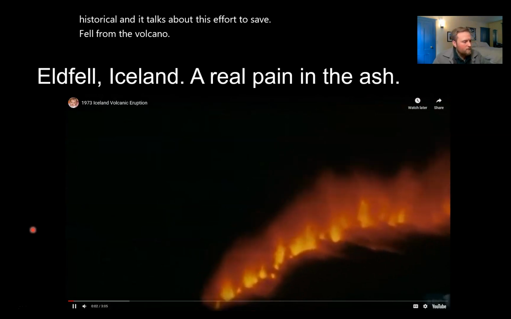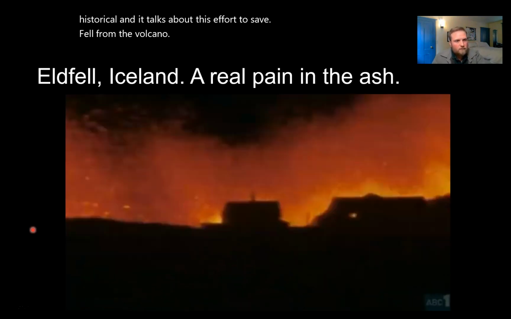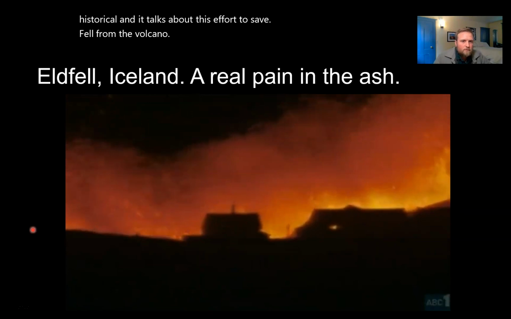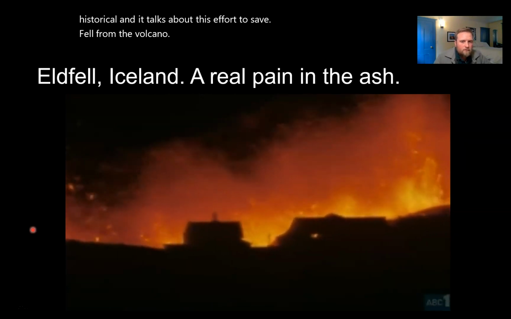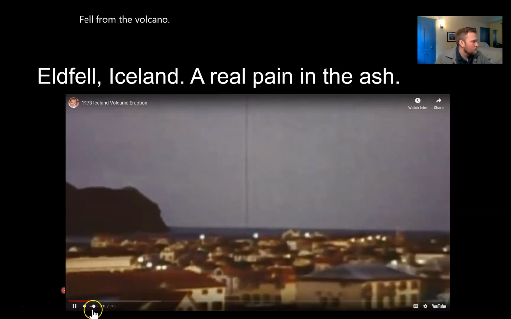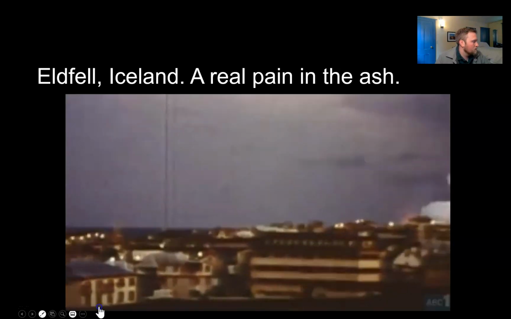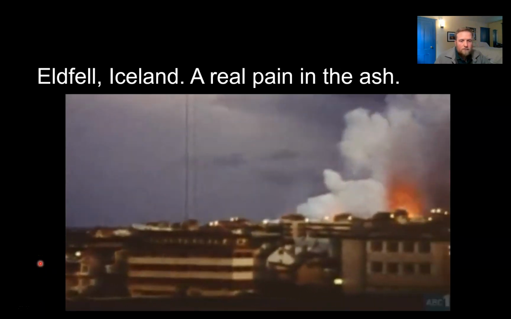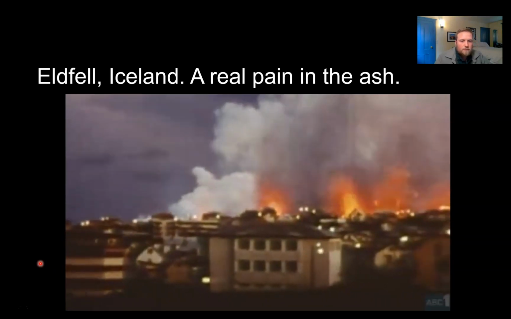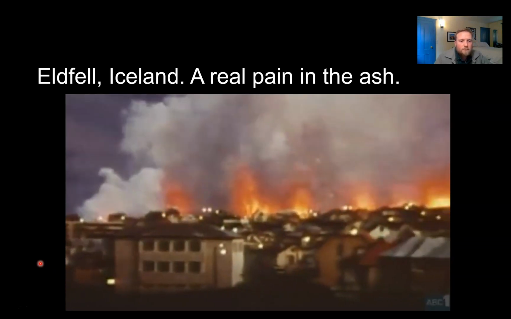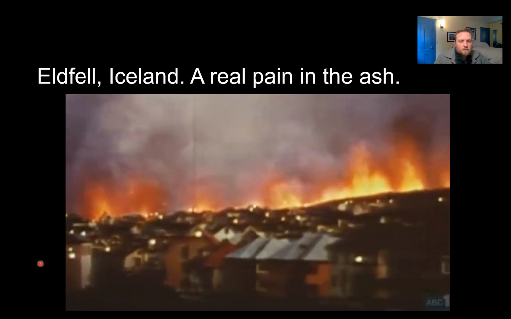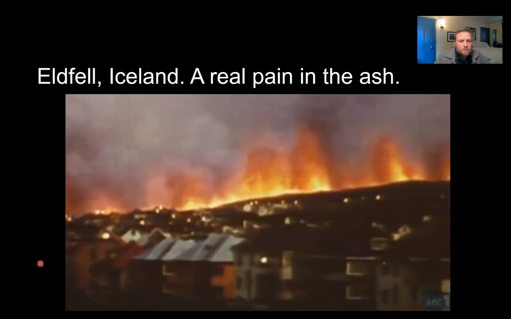At 1:55 on the morning of January the 23rd, 1973, 10 years after Surtsey emerged, Iceland was subject to one of the most famous eruptions of modern times, when, after lying dormant for at least 5,000 years, a volcano on Heimaey, a small island 6 miles off Iceland's south coast, burst into life, threatening the lives of everyone in its shadow.